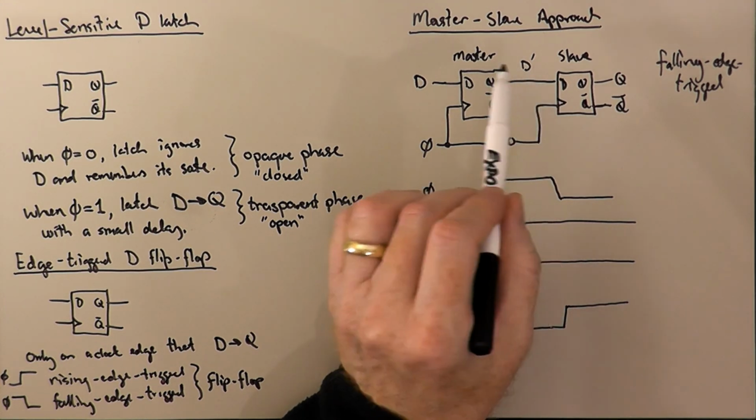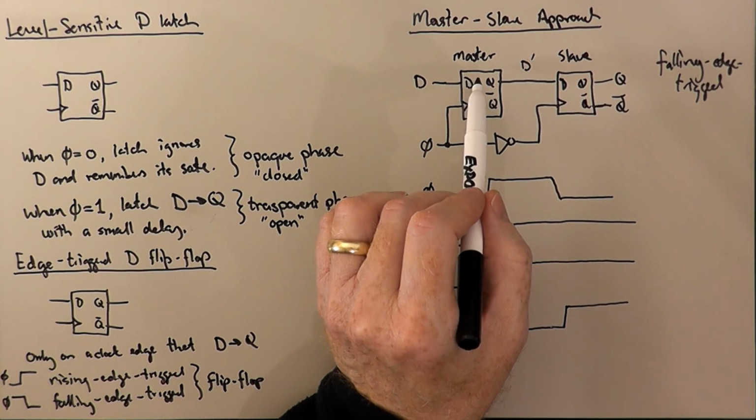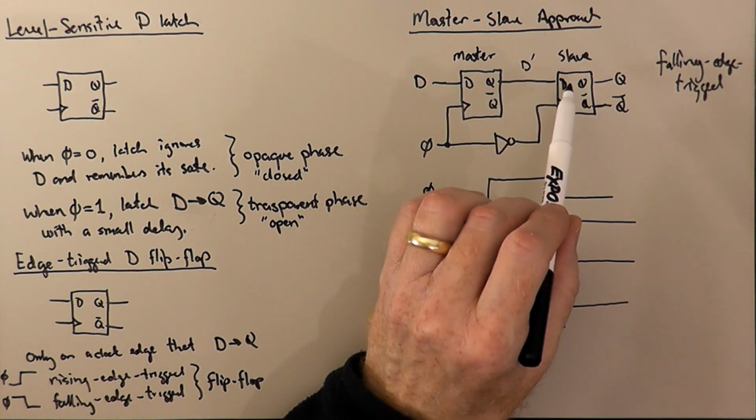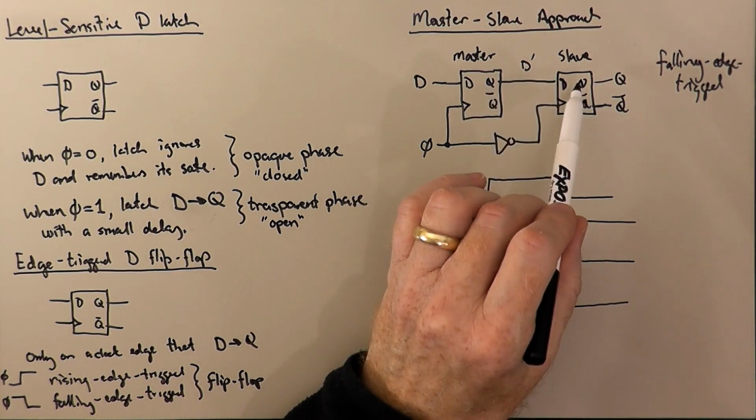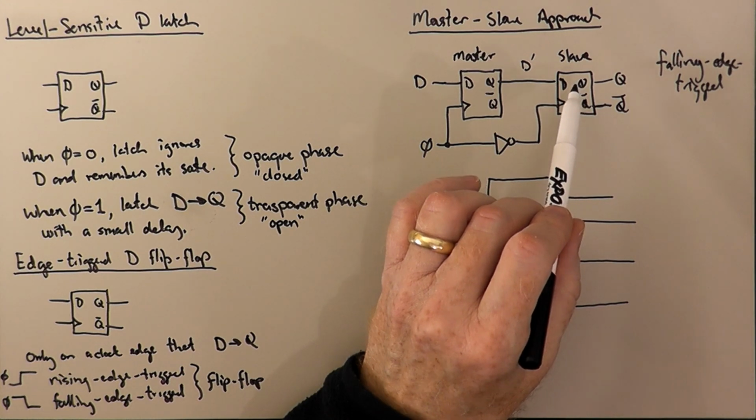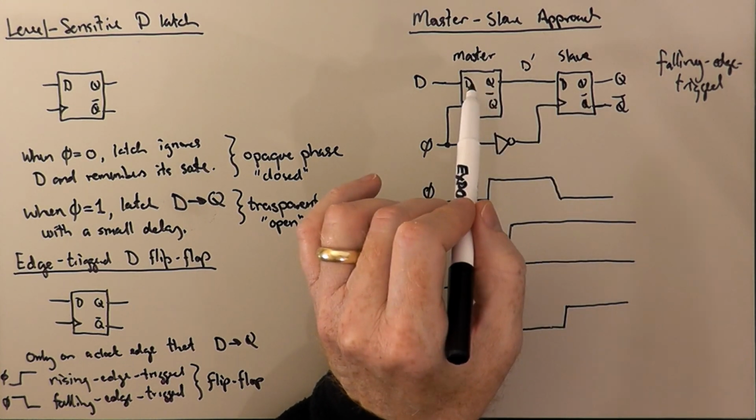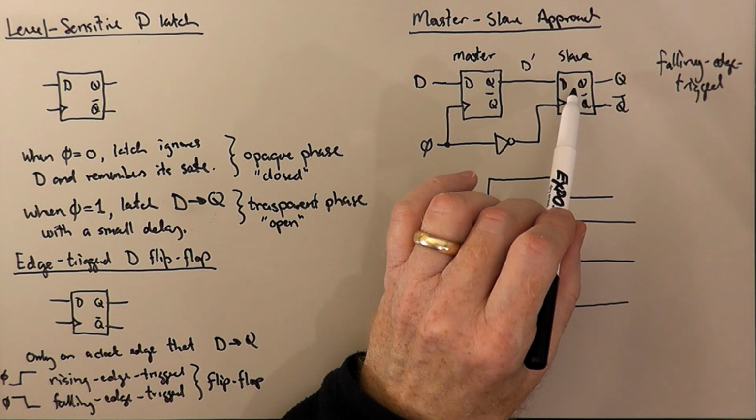And then when this one becomes transparent again, this one becomes opaque and remembers that last value until this one closes off again, and then this one takes the new sampled value. The final sampled value when phi goes low is what the slave latch adopts.